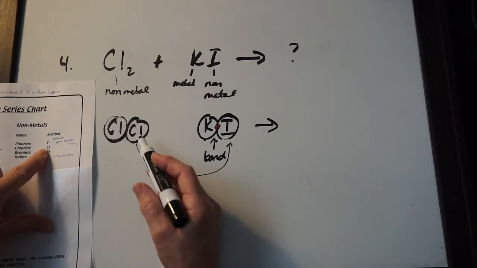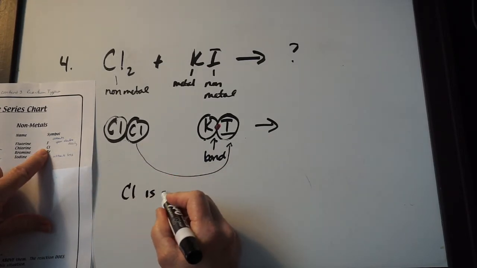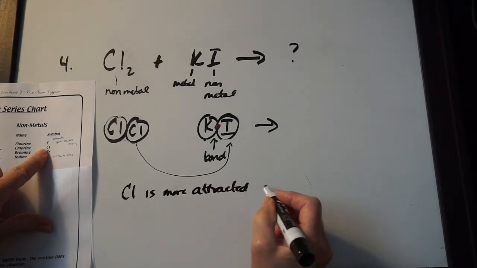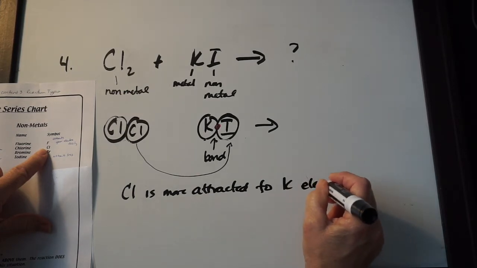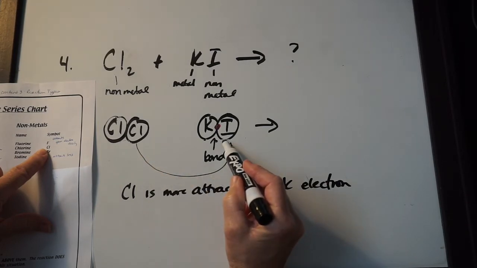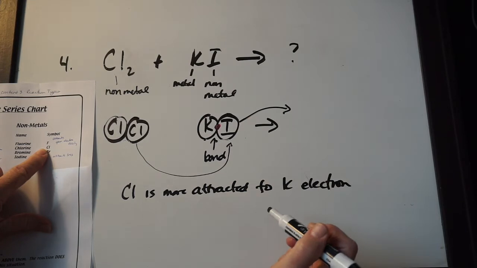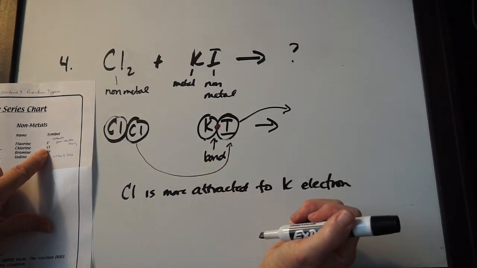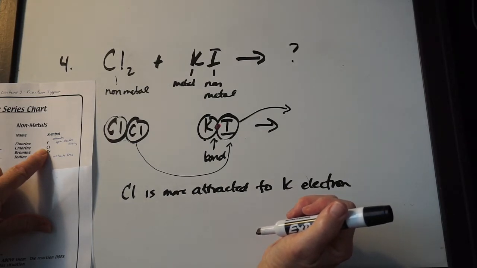So that means chlorine, what does this mean? Chlorine is more attracted to potassium's electron. So guess what's going to happen? If chlorine's more attracted to potassium's electron, chlorine's going to bump iodine out and replace iodine. So what does that look like?